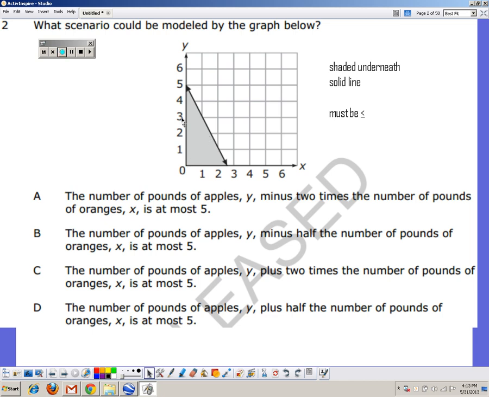And when y is 3, it is at most going to be 1. And as you can see, our slope is negative, and our y-intercept is 5. All of them said at most 5, so the y-intercept isn't going to be much help here.